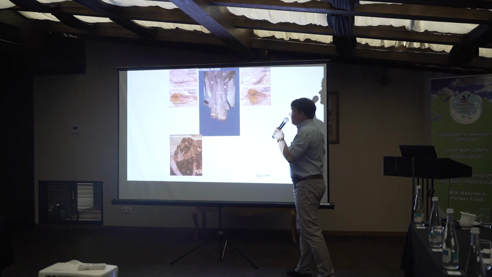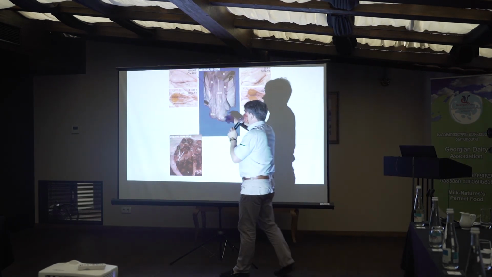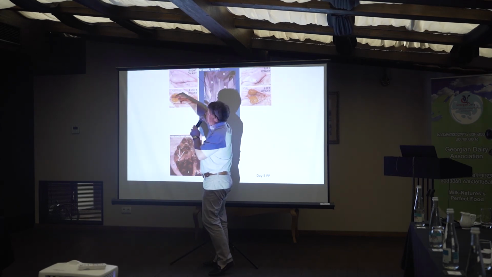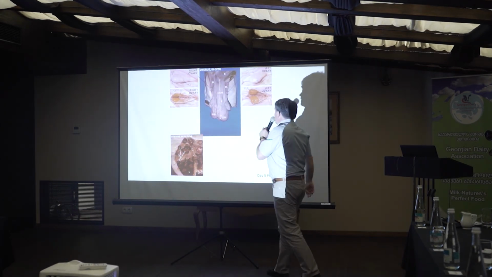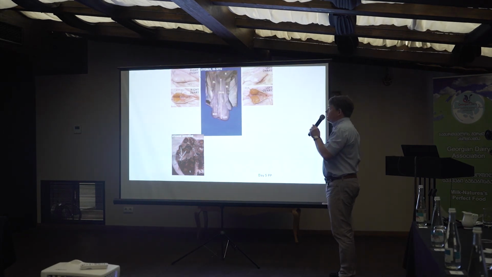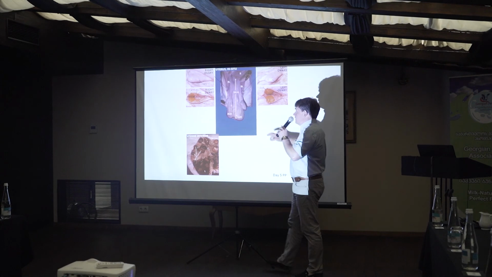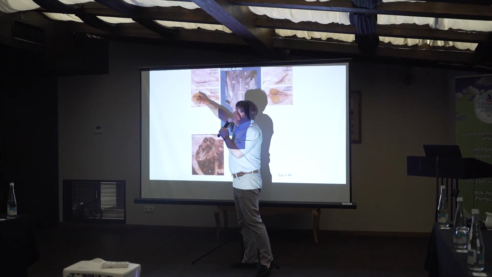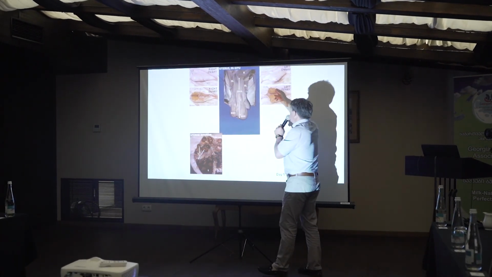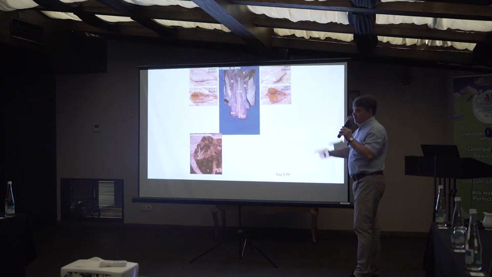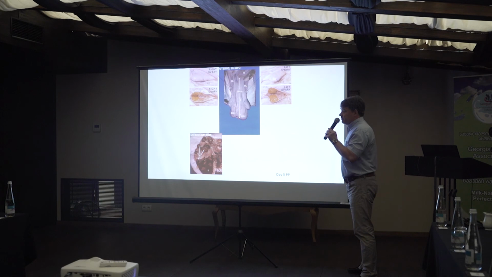It's a degenerating CL already, not cut here, but halved here. This is an interesting case because this cow had 2 CLs. She had a CL on the right ovary and also on the left ovary, but there was only one calf, only one pregnancy.